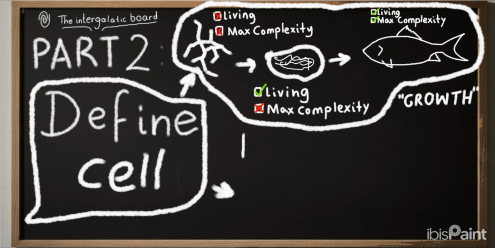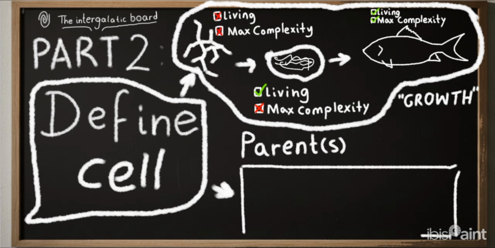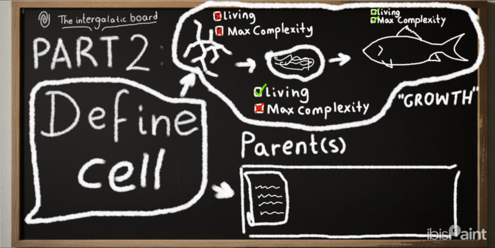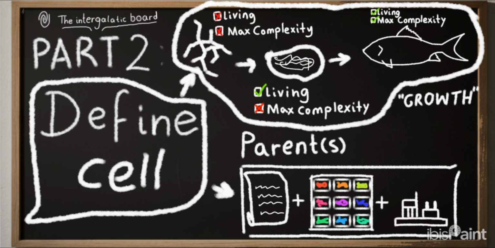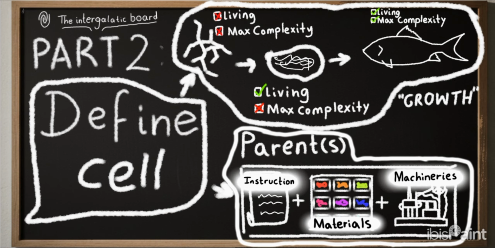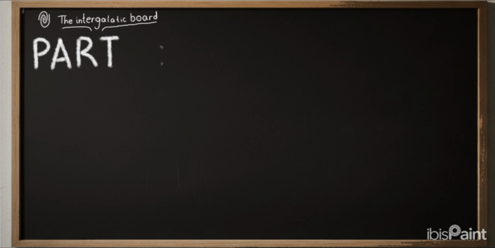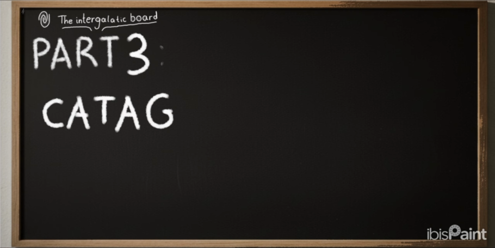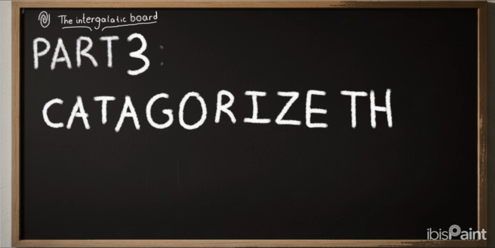And to start this complexity from a simple structure, we need instructions like a code and production material and building machines, which will come from the previous one, or the parent. Then we'll produce our new living thing, and the process is the so-called reproduction. I think I covered it all, so to the next one, which says categorize them.